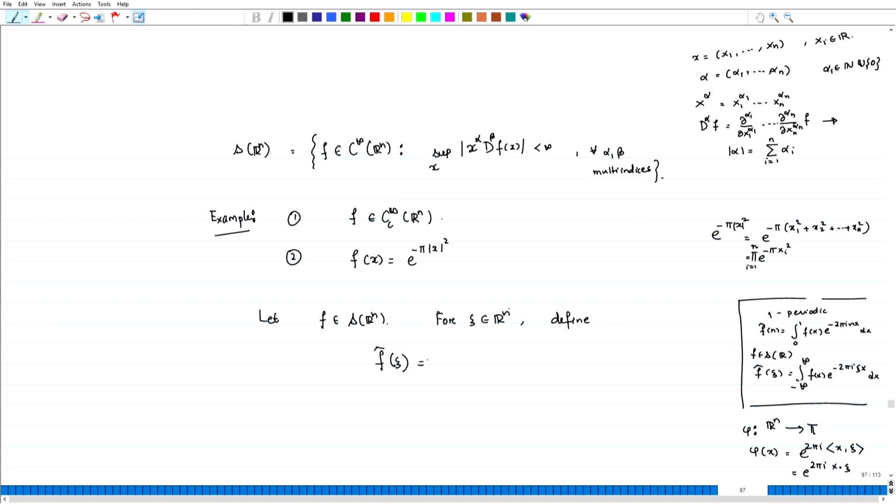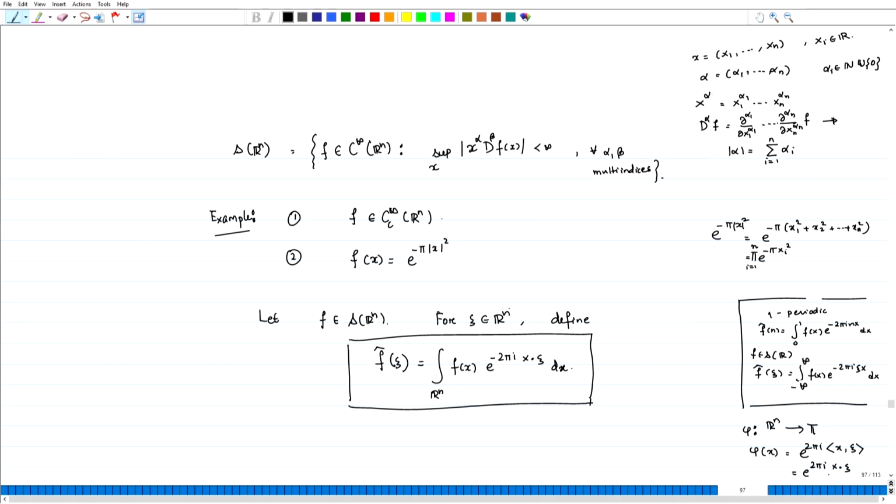So, now we are all set to define the Fourier transform in higher dimension. This is the integral of f of x times e to the power minus 2 pi i x dot xi dx. This is what is going to be our Fourier transform for the higher dimension.